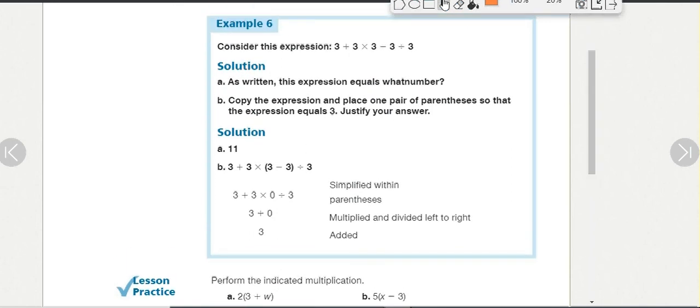Notice this can only be solved one way. Multiply, divide first, so 3 times 3 is 9. Negative 3 divided by 3 is minus 1. And then you've got this 3 right here. Ooh, I got something wrong. 3 times 3 is 9. 3 divided by 3 is 1.